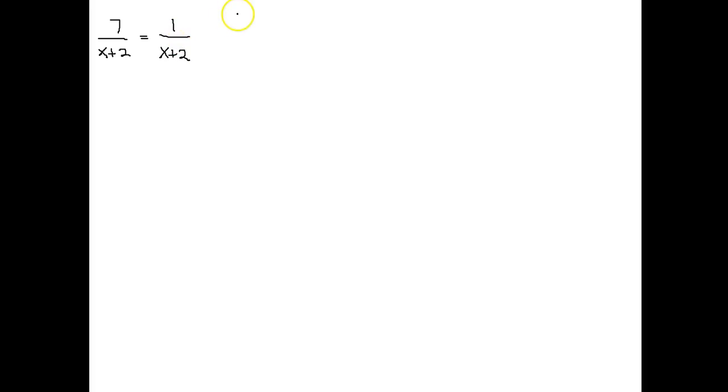For this problem, they give you first 7 over x plus 2 equals 1 over x plus 2. Then they give you 7 over x plus 2 is greater than or equal to 1 over x plus 2. And then they give you 7 over x plus 2 is less than or equal to 1 over x plus 2.